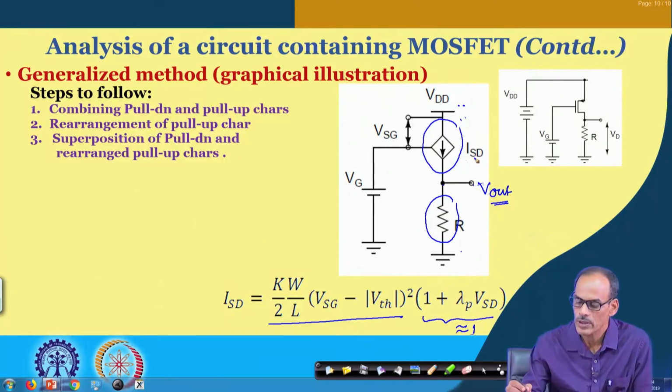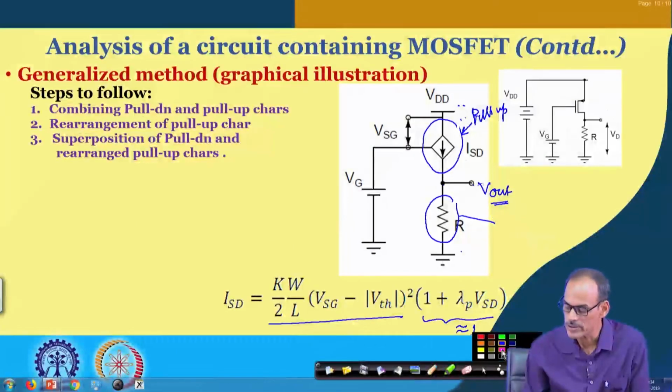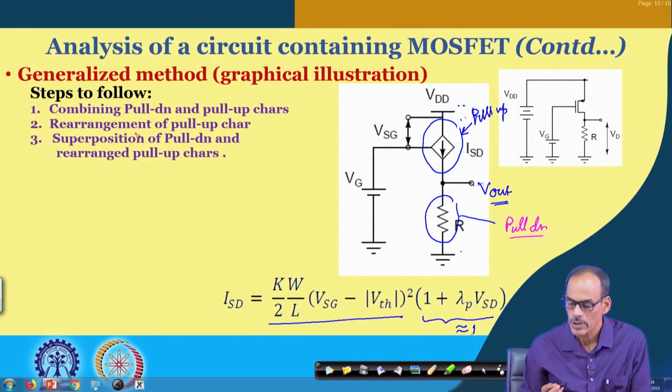But the main change here is that now we will call this the pull up element and this element the pull down element. So, this is the pull down element. Then, while rearranging the characteristic, which one do we rearrange?